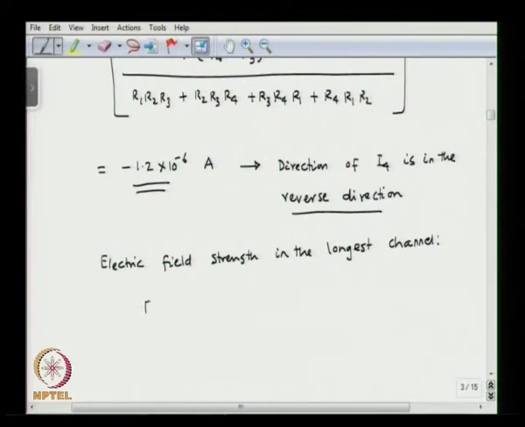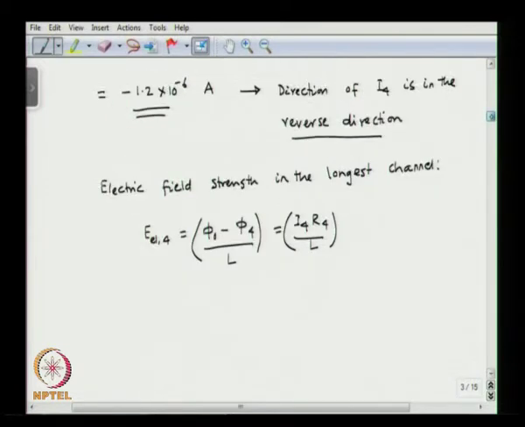It is going to be phi 0, the potential at the center, minus phi 4, divided by L. So this is going to be I4 R4 divided by L. We have all the values, so we can substitute.